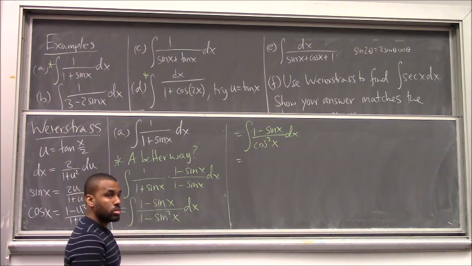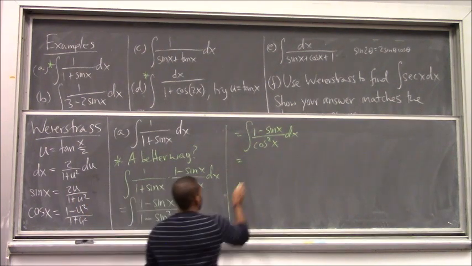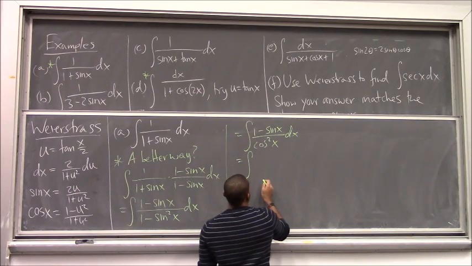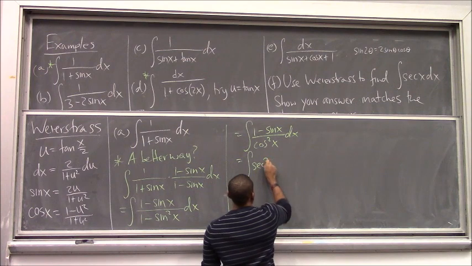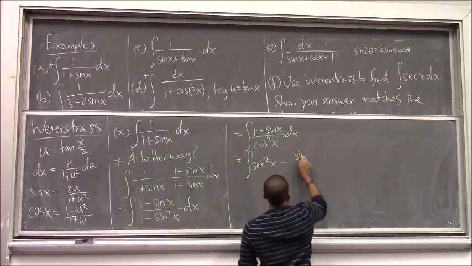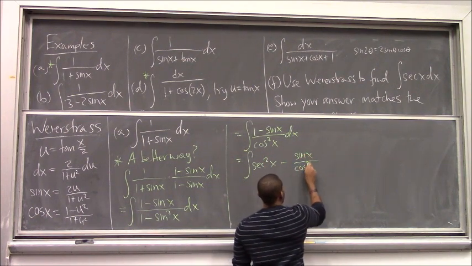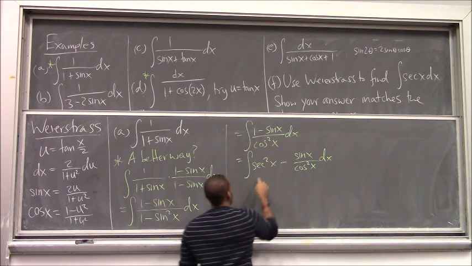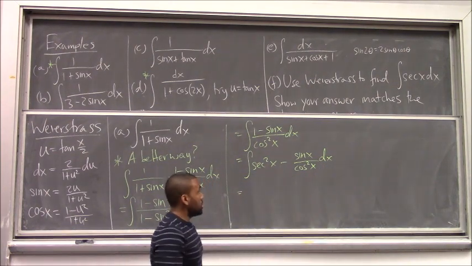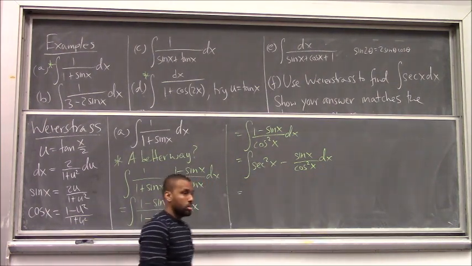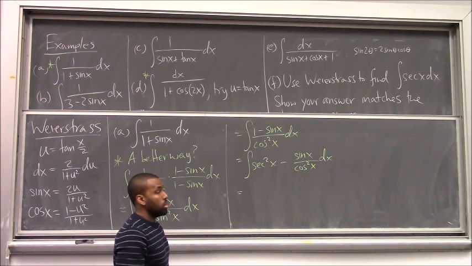You can break it apart into 1 over cosine squared, which is secant squared, and then minus sine x over cosine squared x.